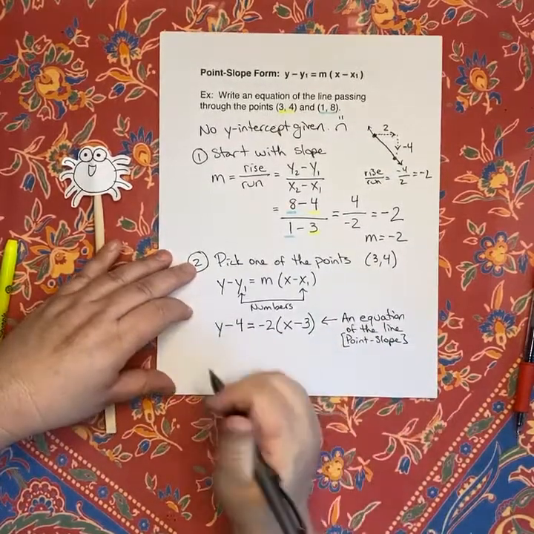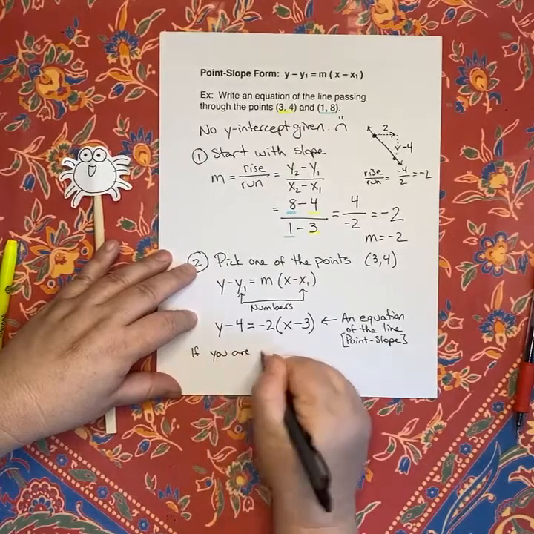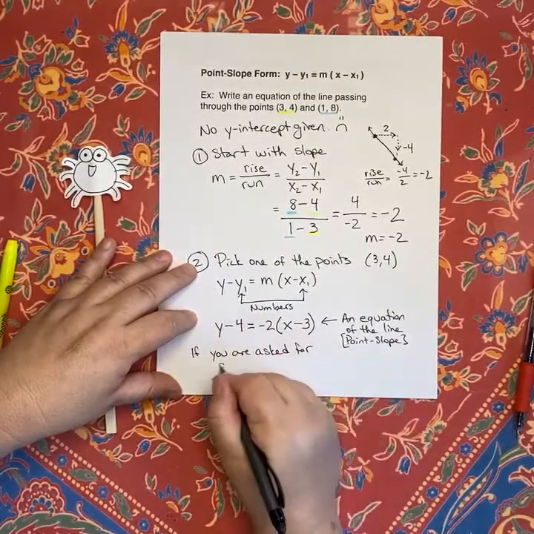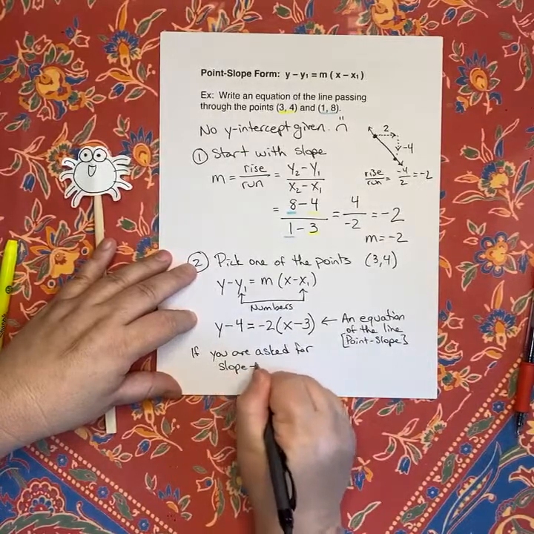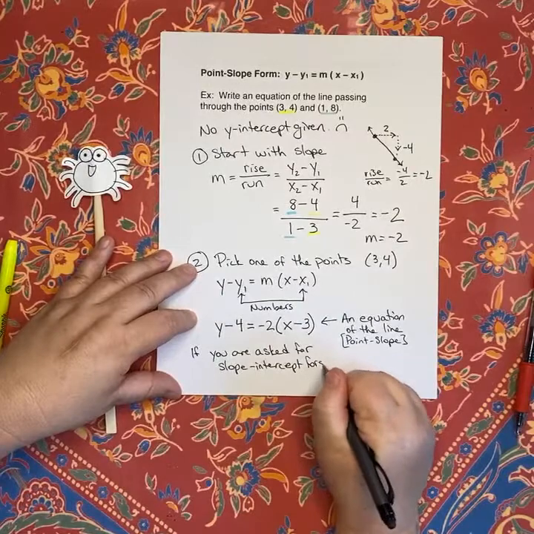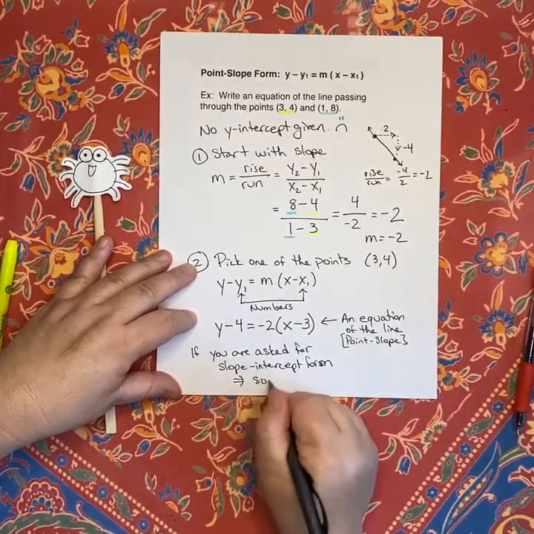Then what we would do, if you are asked for slope-intercept form, then solve for y.